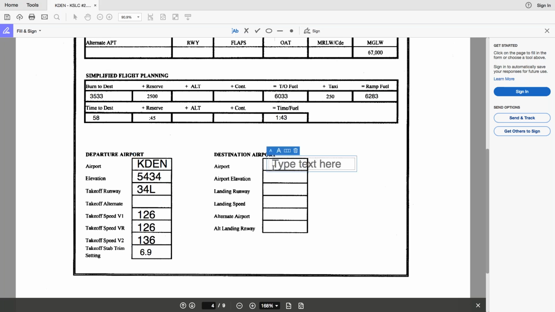Destination was KSLC. Airport elevation 4223, right? Something like that. 4227. What is it? That's 4227. Okay, 4227. Landing runway, 16 left. Landing speed.